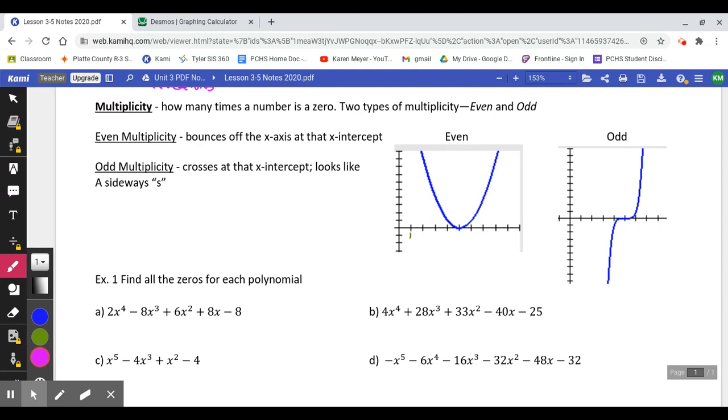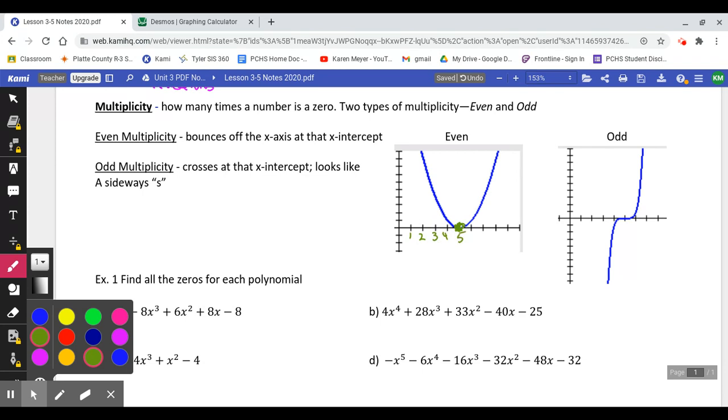To have an even multiplicity, you must have a U-shape that starts directly on the x-axis. So if you look at my picture off to the side, you're going to notice I have a U-shape, and the U-shape starts directly on the x-intercept of the number 5.